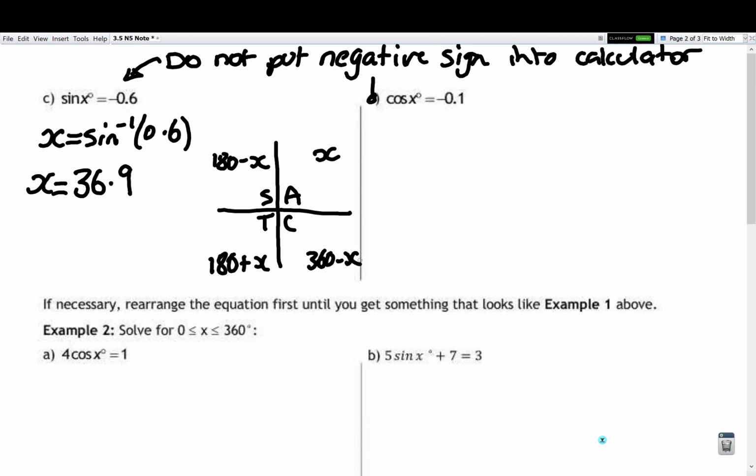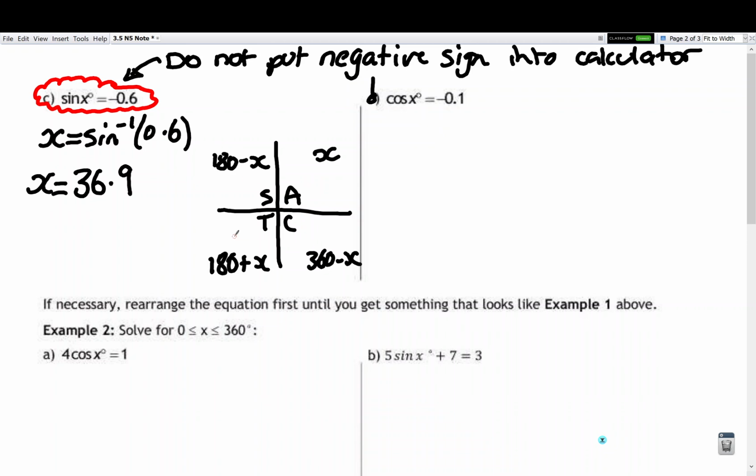Ordinarily we would tick the A and the S, because those are the two quadrants where sine is positive. But this all stems from the initial question. We are not looking for where the sine is equal to a positive number. We are looking for the quadrants where sine is equal to a negative number. So we are not ticking the A and the S this time.